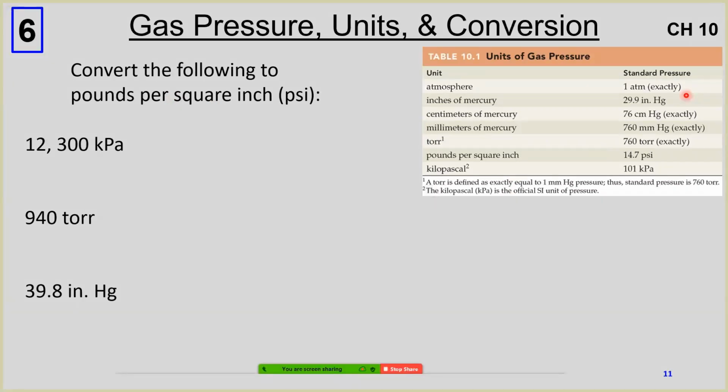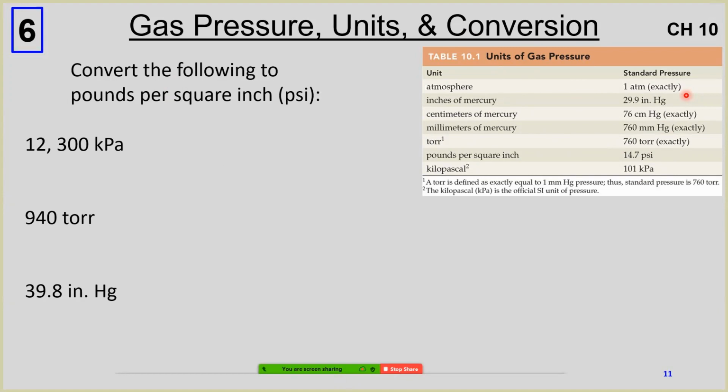All right, so in this table right here, it tells you the equivalence of the different units of pressure. So we are converting kilopascal into pounds per square inch, psi. So this is the equivalence. 14.7 psi is equivalent to 101 kilopascals.